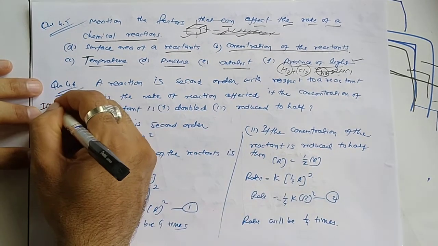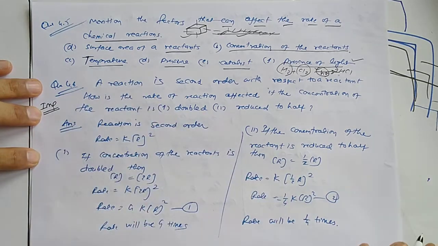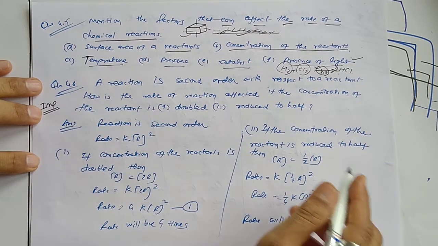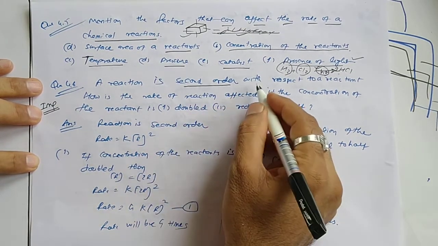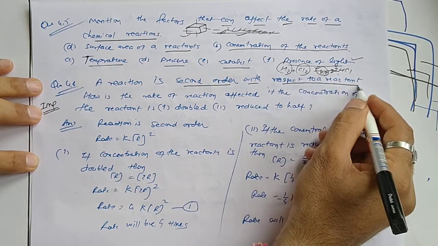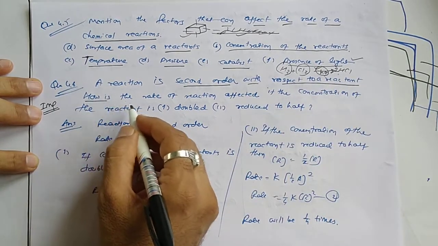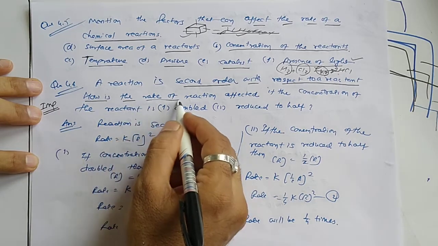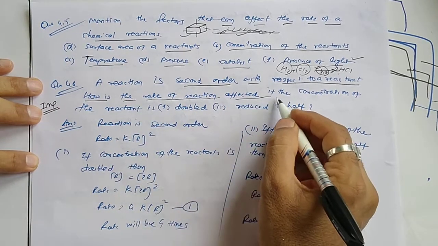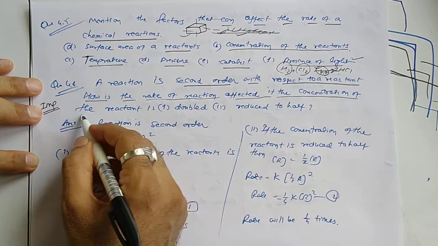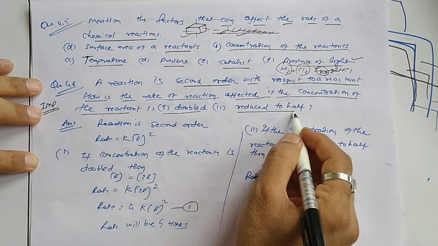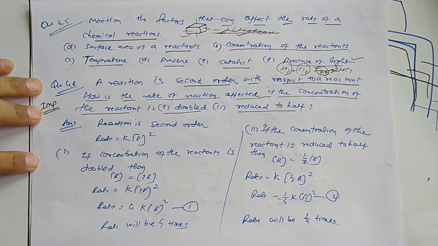Now an important question, this type of question is asked many times in exams. A reaction is second order with respect to a reactant. How is the rate of reaction affected if the concentration of the reactant is doubled, and reduced to half?